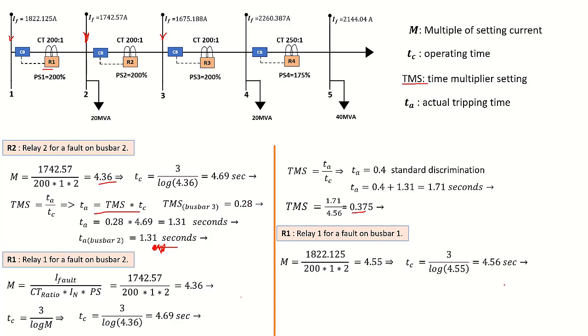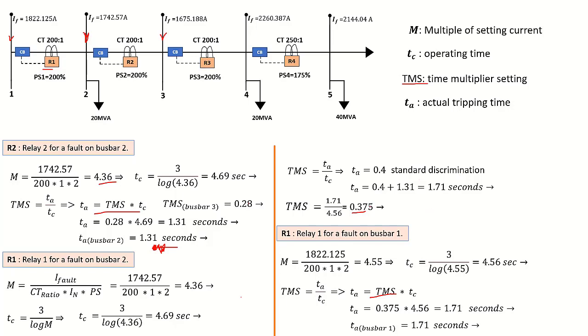And then with our TC, we can go ahead and calculate TA, because TMS is TA over TC, so TA is equal to TMS times TC. So we have TC, we should also have TMS, that is 0.375 there. So we can just replace, so we find a TA of 1.71 seconds. So you can clearly see there is a grading margin difference here.